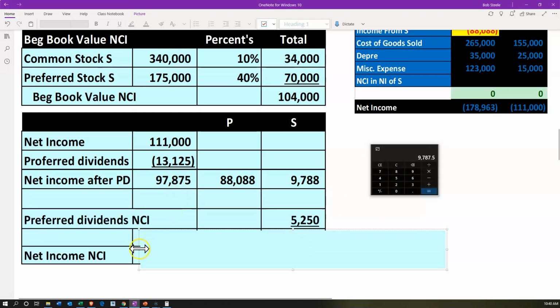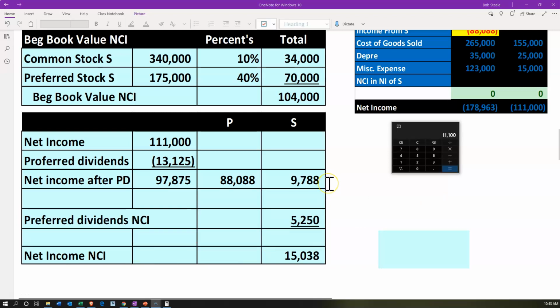So now that we have this 9788, we're going to think about, what if we were to add back the non-controlling interest portion of the preferred dividends? In other words, the 13,125 preferred dividends, and we pull out the non-controlling interest portion of it.